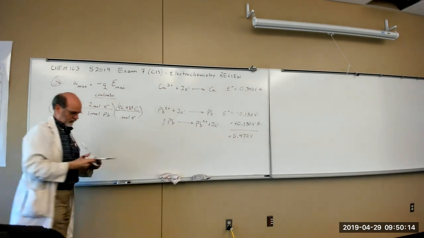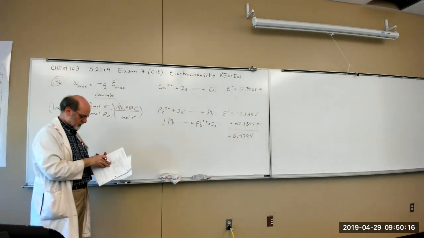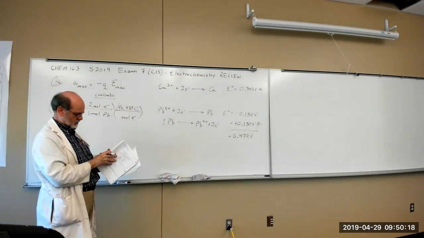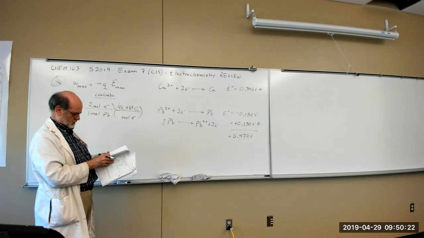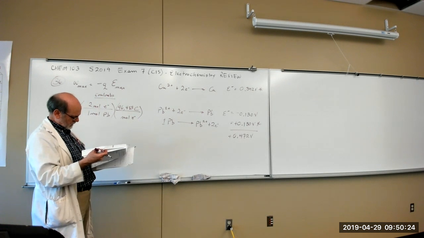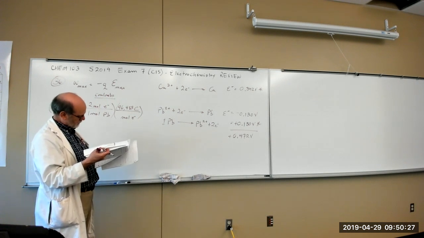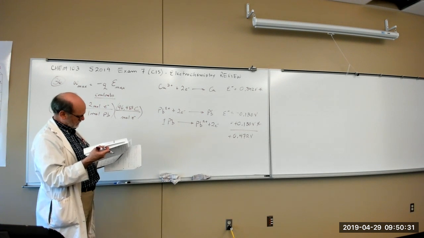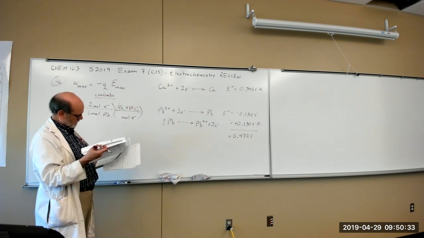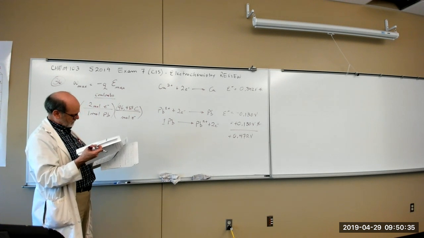coulombs. That should be in the useful information. Let me check just to be sure. On page 28. Let's see, there it is. Second column from the left, about 2/3 of the way down.